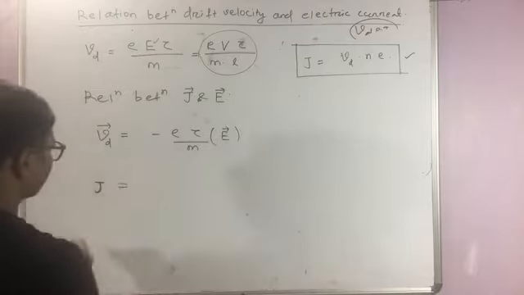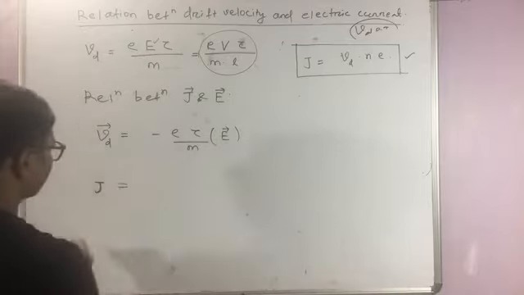You take the sign of an electron charge as minus, so it is minus minus plus, which is equal to n e square tau by m into E, and this quantity is called your conductivity sigma.